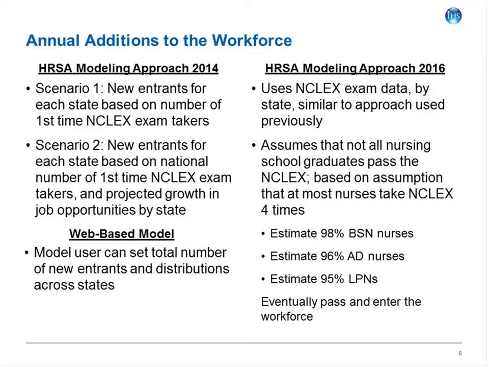When we look at the NCLEX exam pass rates for those that take it the first time and then subsequent times, we estimate, and this is just an estimate, that about 98% of the baccalaureate-trained nurses will eventually make it into the workforce, about 96 for the associate, about 95 for the LPNs. Those numbers might be off a little bit, but they are the estimates that we have from some national data sources, and so that differs a little bit from before, when we assumed 100% would eventually make it into the workforce.